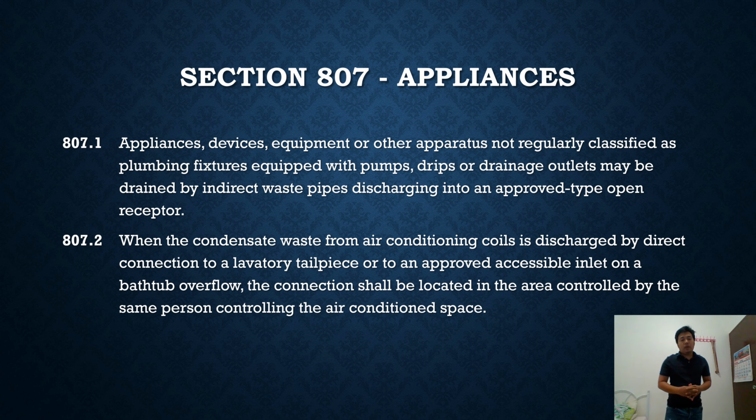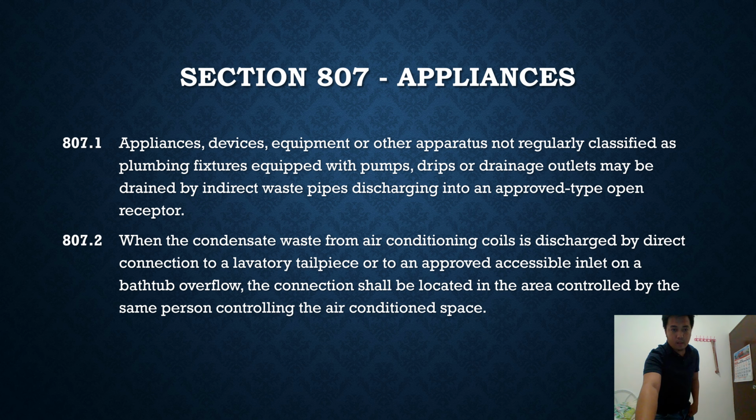And when the condensate waste from air conditioning coils is discharged by direct connection to a lavatory tailpiece or to an approved accessible inlet on a bathtub overflow, the connection shall be located in the area controlled by the same person controlling the air conditioned space.